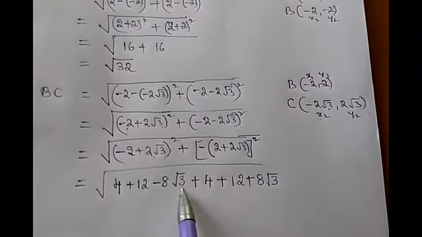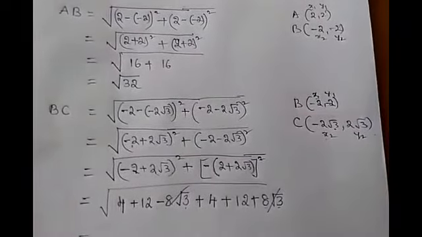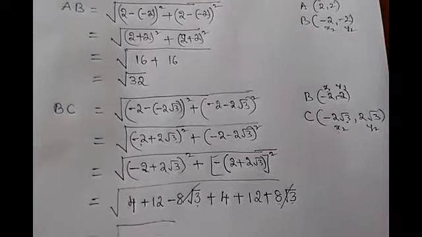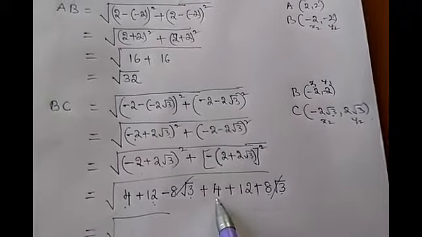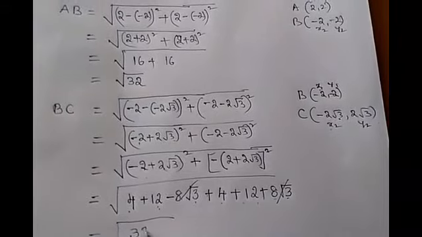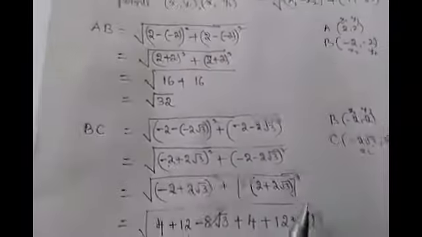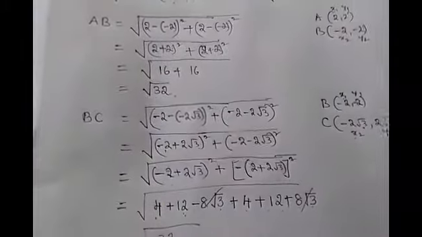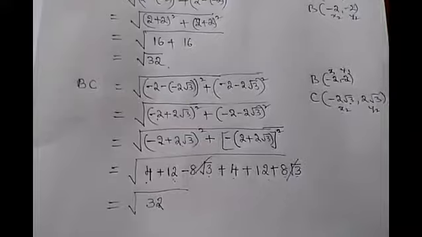Now minus 8 root 3 and plus 8 root 3 get cancelled. The remaining are square root of, add all the things. 4 plus 12 gives 16. Here 4 plus 12 gives 16. 16 plus 16, 32. AB is equal to root 32 and BC is equal to root 32.